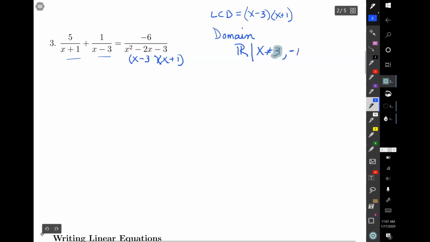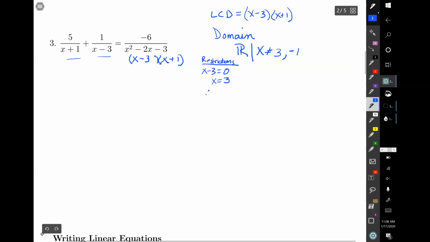So if you haven't done much with domain before, how I'm figuring it out is I'm just taking each denominator there and setting it equal to 0 and finding out what my restrictions are. So I'm writing restrictions, and then x minus 3 equals 0, x equals 3 is a restriction.